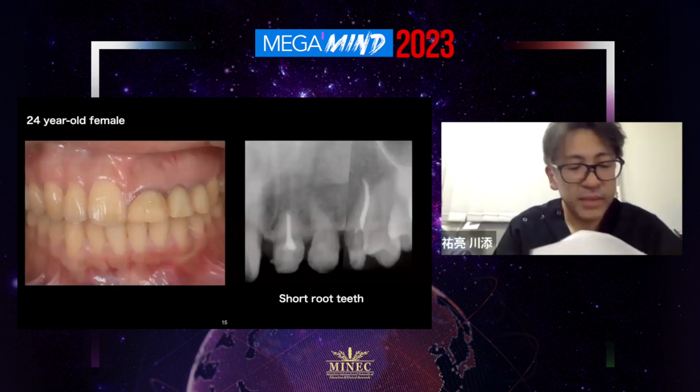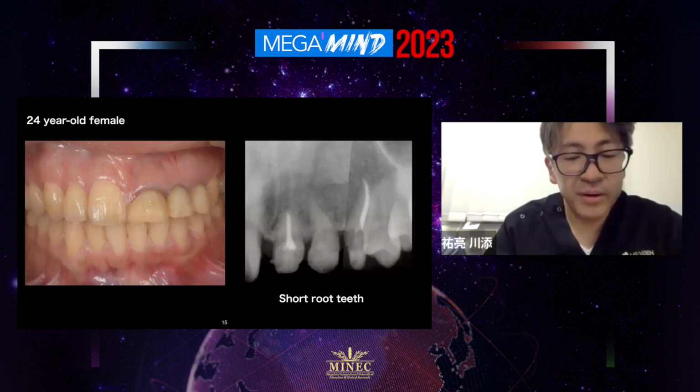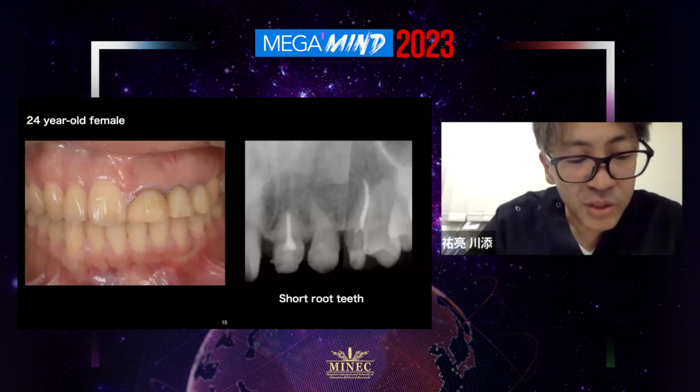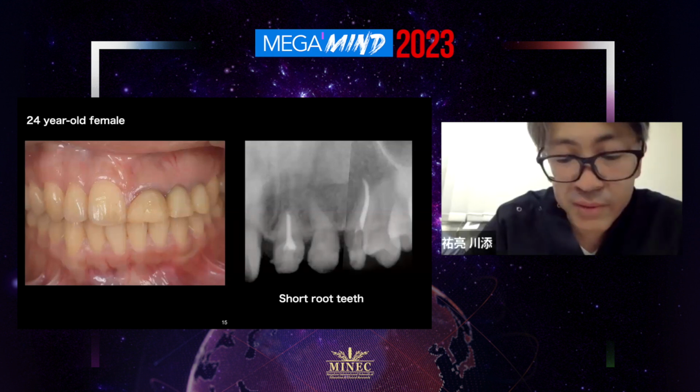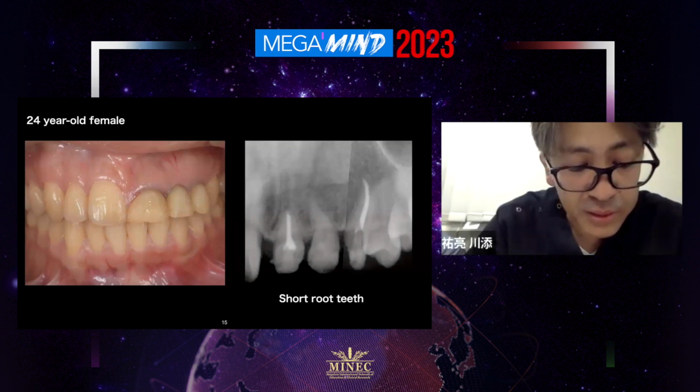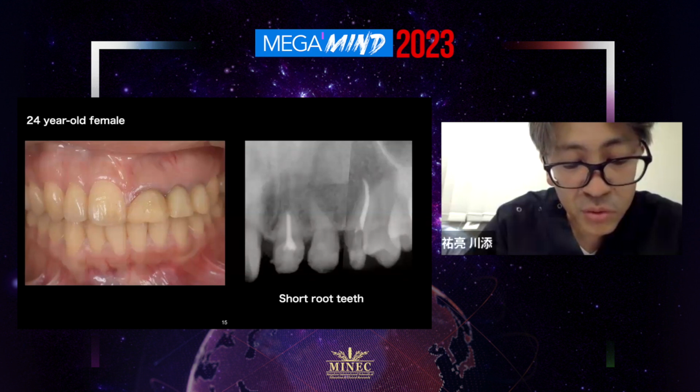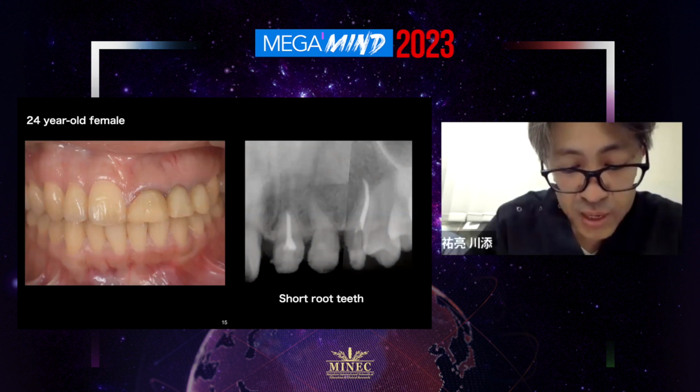The second case is a 24-year-old female. Her chief complaint is the aesthetic improvement of her left upper front teeth. These teeth had short roots and were considered to have a poor long-term prognosis. So I decided to perform an implant treatment.